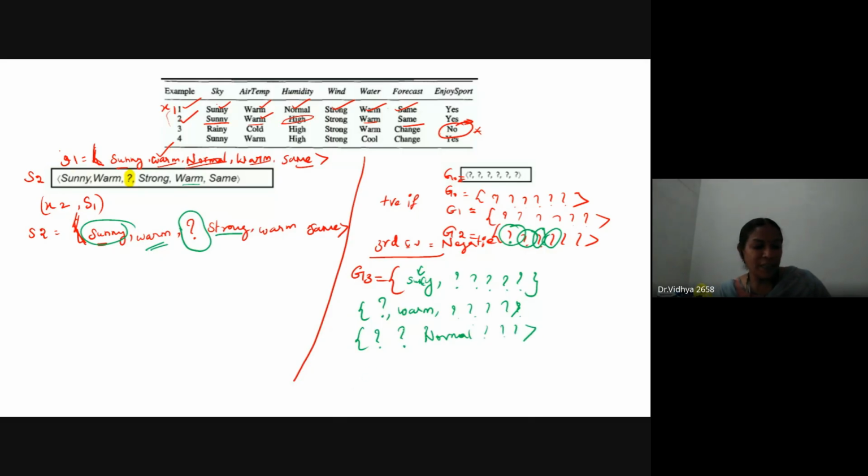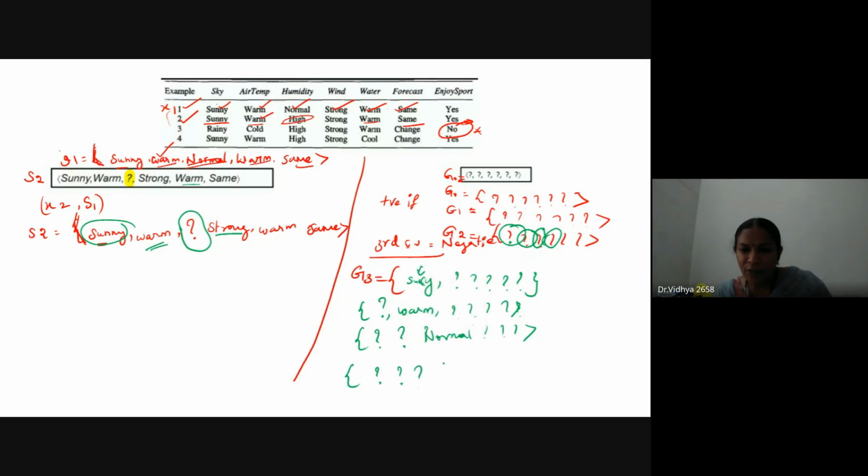Then we are moving to the next one. Normal we have written. Then we are moving to the next one, where it can be the question mark. First attribute we have completed, second completed, third also completed. The next one is the fourth one, right?